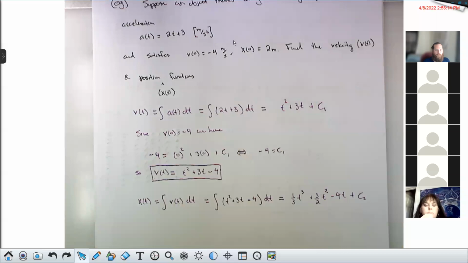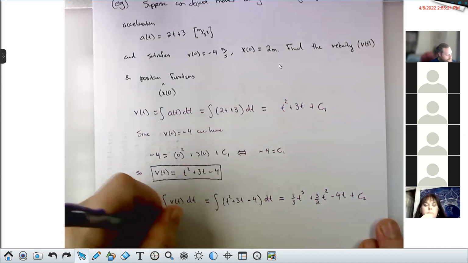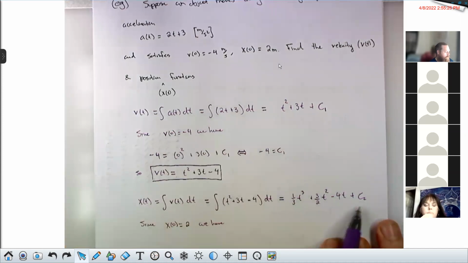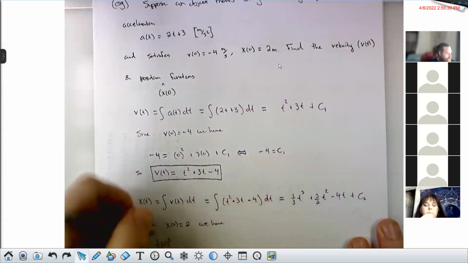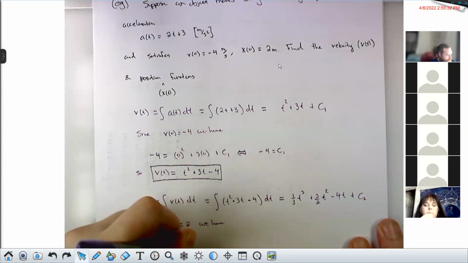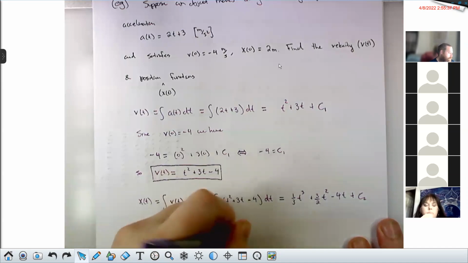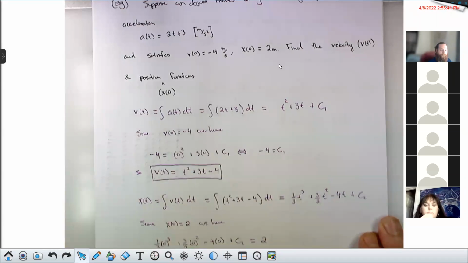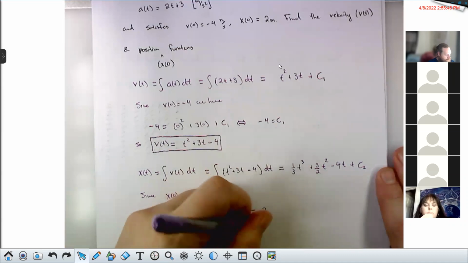And I can use the fact that the initial position is 2 meters. x of 0 is 2. Plugging 0 in for t here, I know that should be equal to 2, which is the same as saying that C2 is 2.